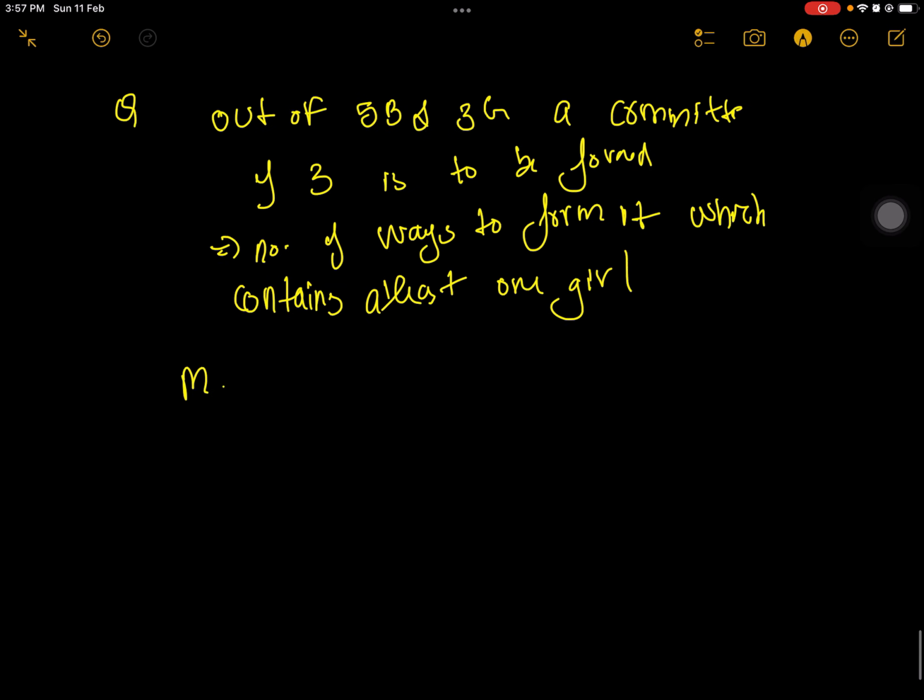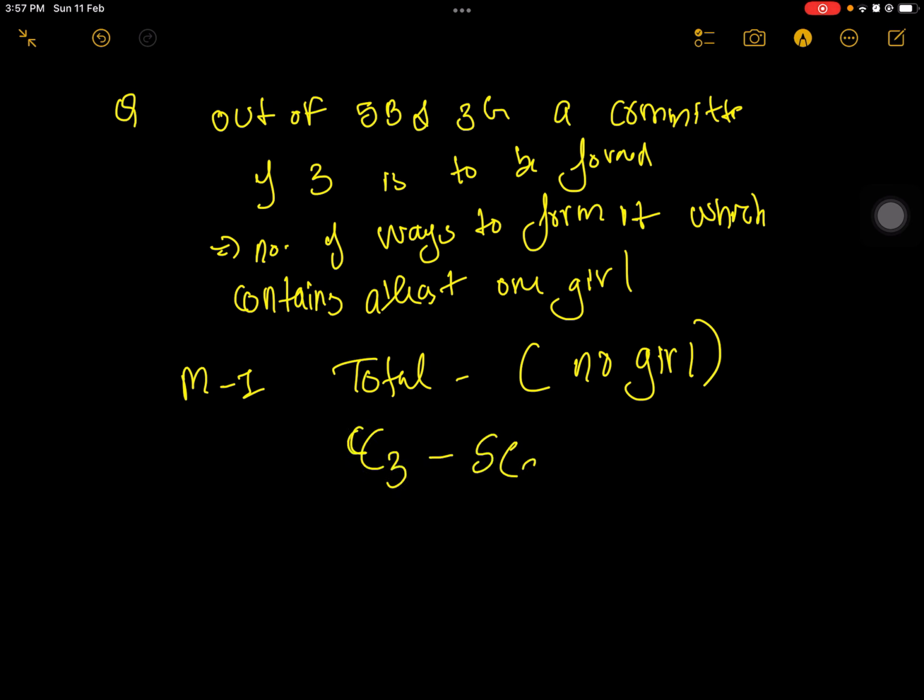So obviously there are 2 methods for this. Method 1 is total minus no girl. So that's 8C3 minus 5C3, right? Because out of 8 choose 3, anyone, give me anyone. Minus when choosing only the boys, that's 5C3.